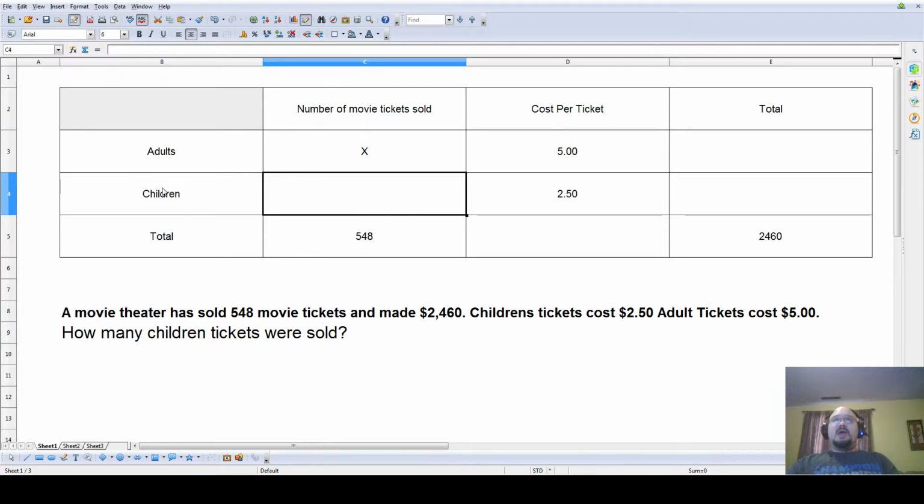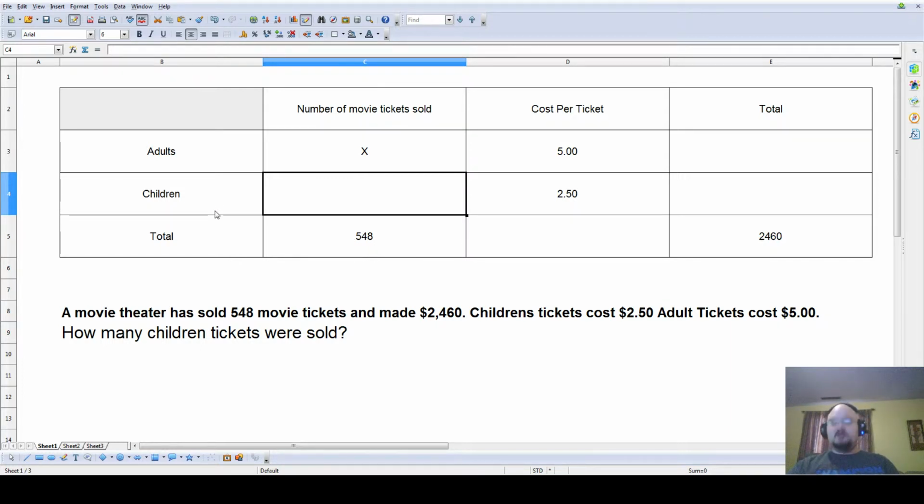And so that would mean that, how is this box here related to our variable? Well, we know that we have a total number of tickets. We have 548 tickets sold, right? So if we were to subtract the number of adult tickets sold from this total value, we would end up with the children's tickets, right?